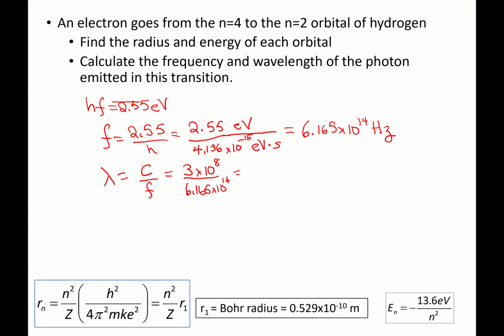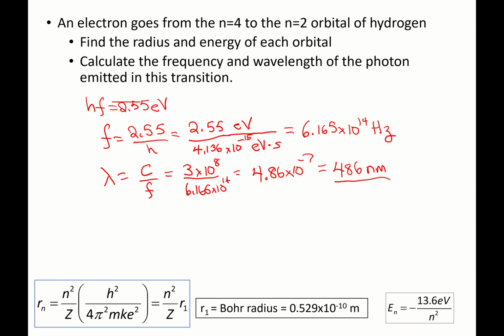And I get a wavelength of 4.86 times 10 to the minus 7, or 486 nanometers. Okay, how else could you have calculated it?